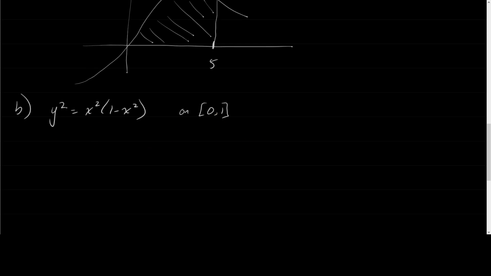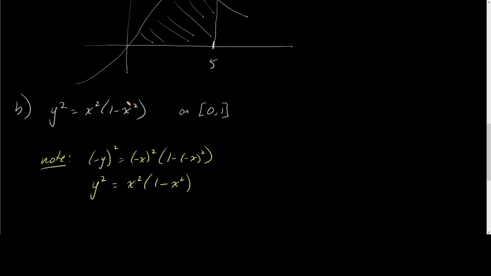Now, the first thing that I want to note here is the following. If I were to plug in negative y as well as negative x at the same exact time, well, negative y squared is just y squared. Negative x squared is just x squared. And negative x squared is just x squared. And look at that. That's the original equation.